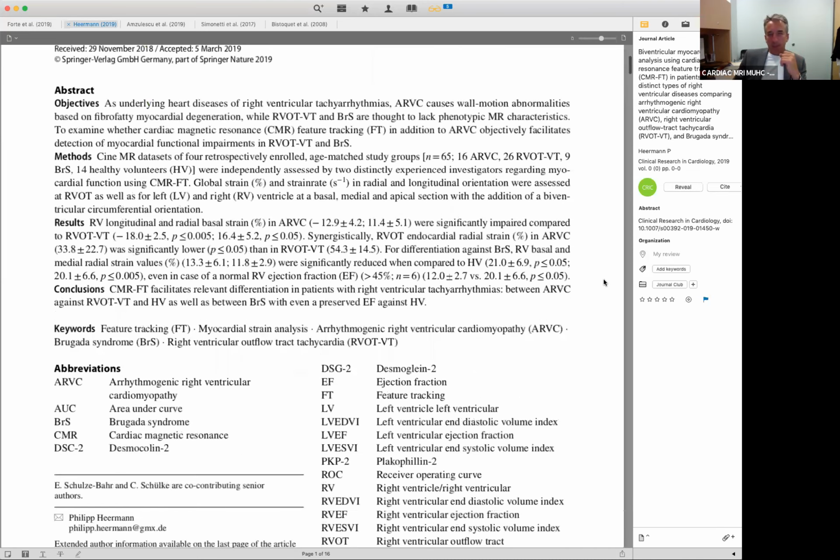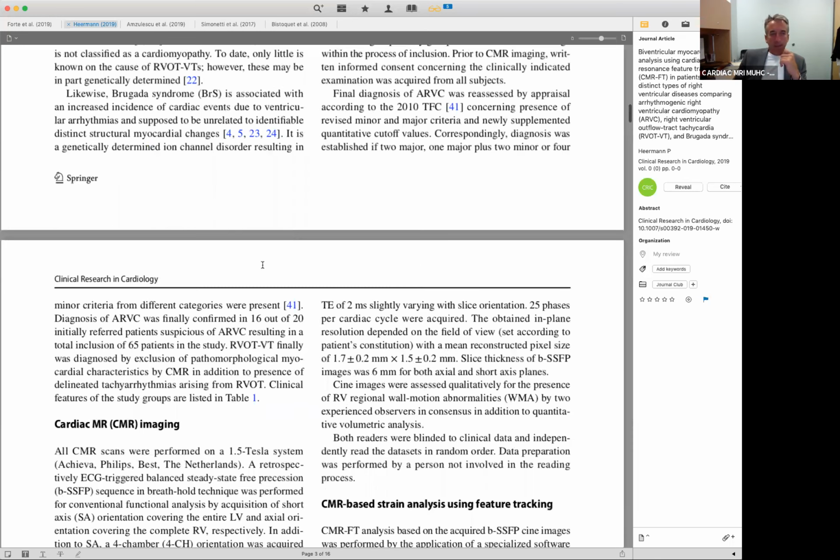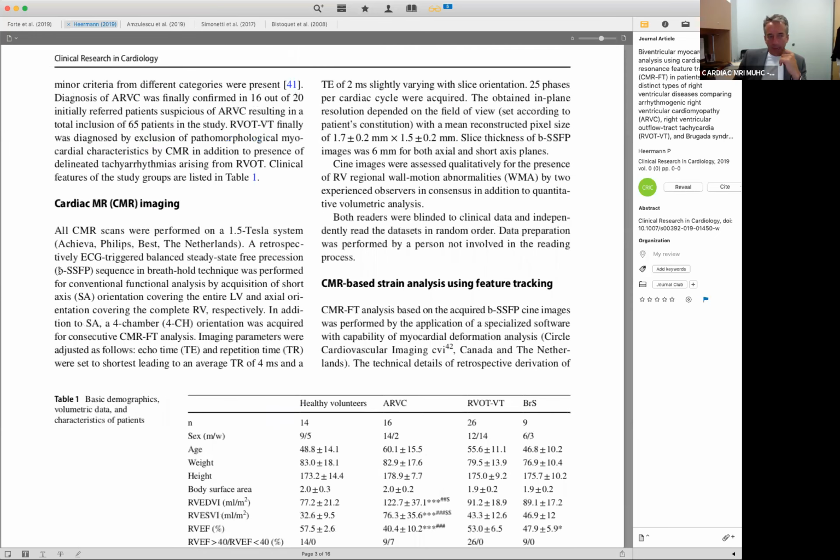So what the authors did, they performed a cardiac MR at 1.5 Tesla using a standard machine. They used balanced SSFP, so standard cine images in a short axis stack and in an axial stack. There is always the debate, what's the best orientation for the right ventricle?